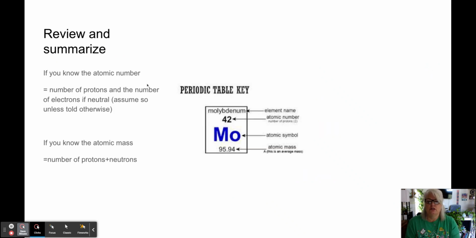Okay, so let's summarize. If you know the atomic number, so here's molybdenum. Oh, sorry, I said Mb before, it's Mo, like Missouri. The atomic number tells you the number of protons, and it also tells you the number of electrons because we're going to assume it's neutral. If you know the atomic mass, that tells you the number of protons plus the number of neutrons added together. So the question is, how can I find the number of protons?